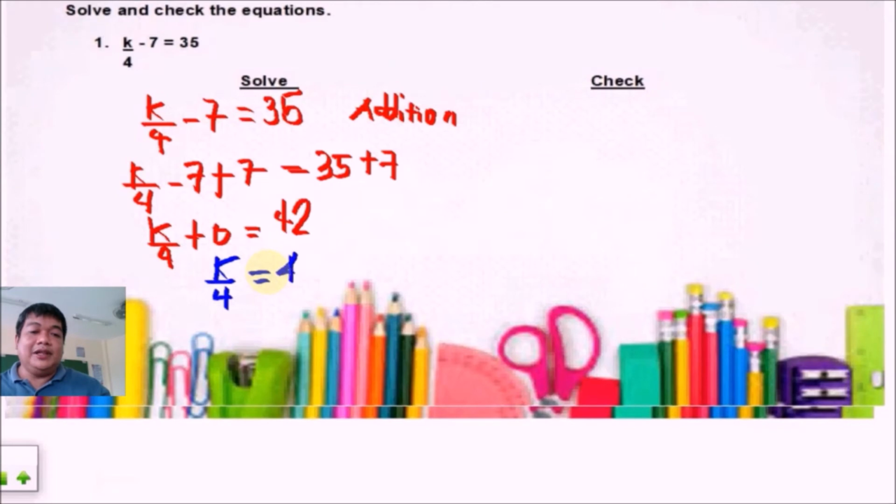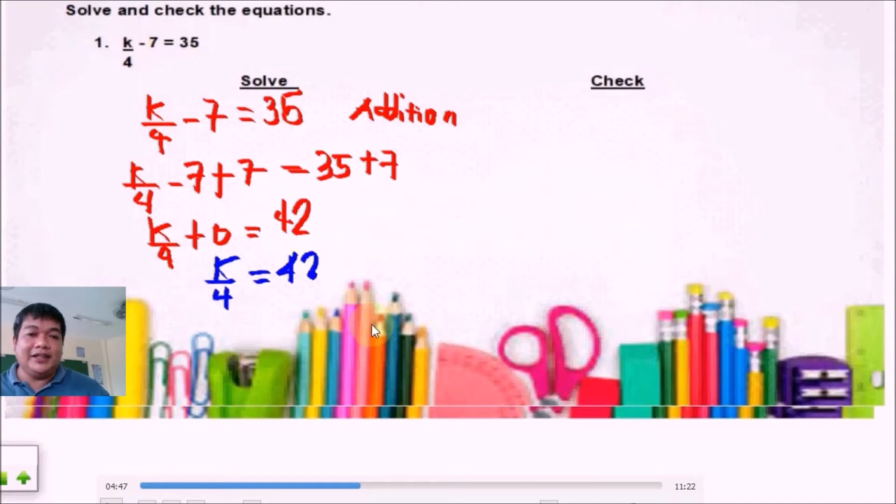So are we done with this equation? Did we find the value of k? Not yet, because from here we're going to eliminate the 4 so that k will remain on this side. The operation here is k divided by 4. So we're going to use the inverse of division, which is multiplication.